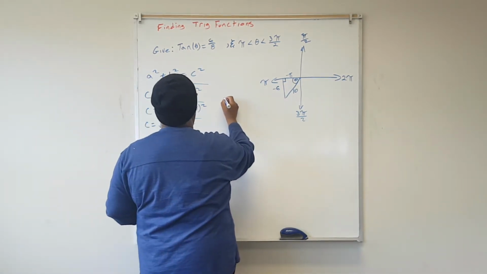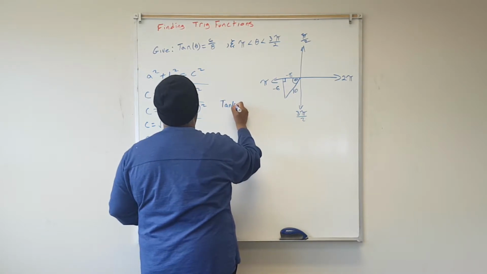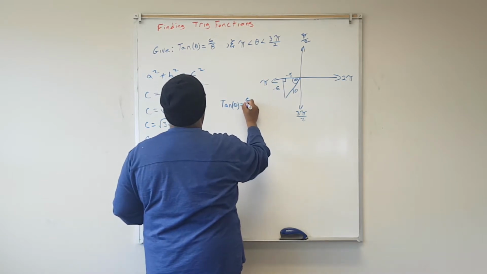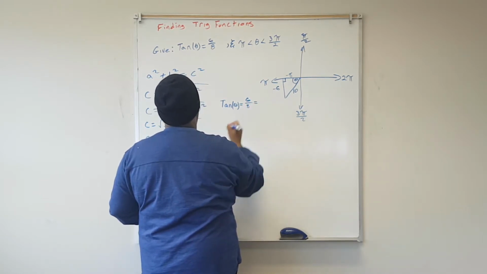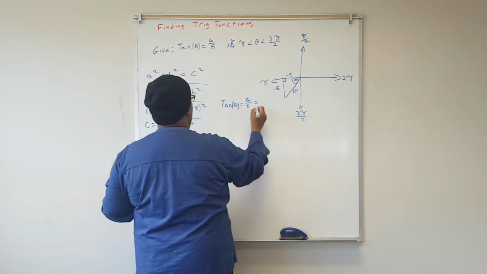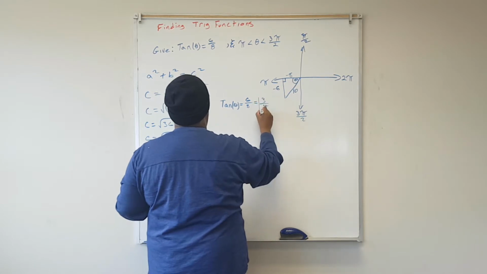So tangent theta was given as 6/8. We can reduce that. Let's see, that becomes 3/4. And we can box that.